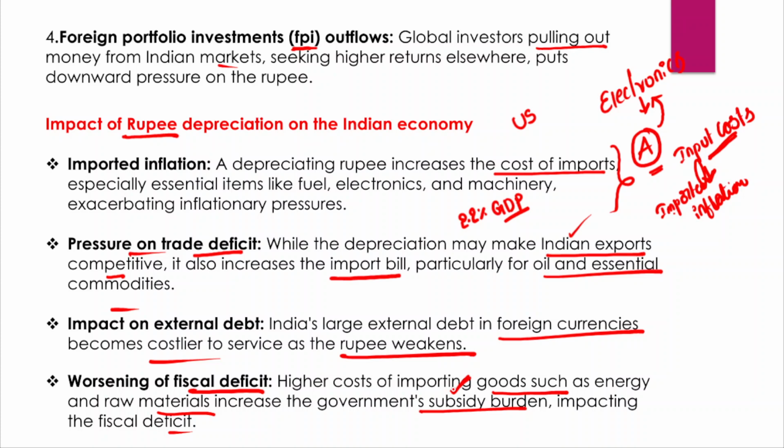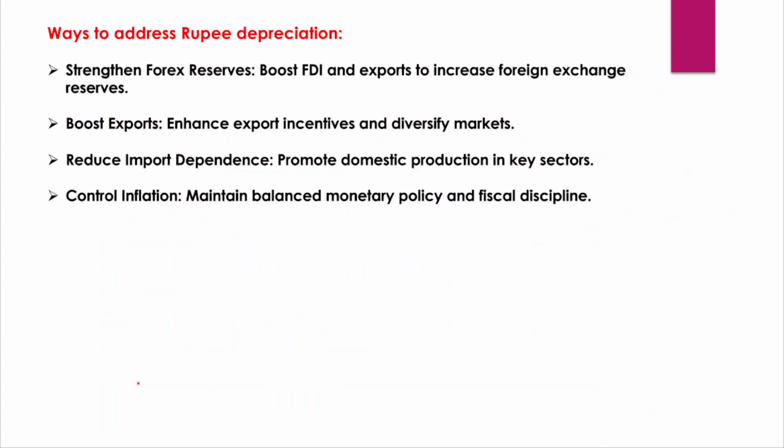So an increase in government subsidy in these components means that the government needs to spend more money on these subsidies, and that in turn increases the fiscal deficit, right? So this is how it will impact the Indian economy in multiple ways.